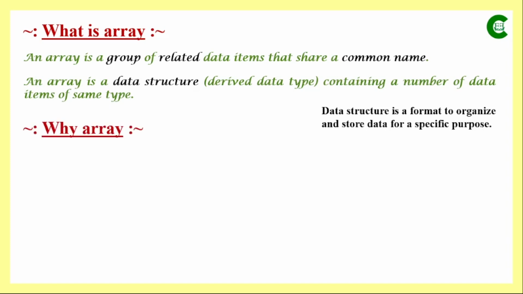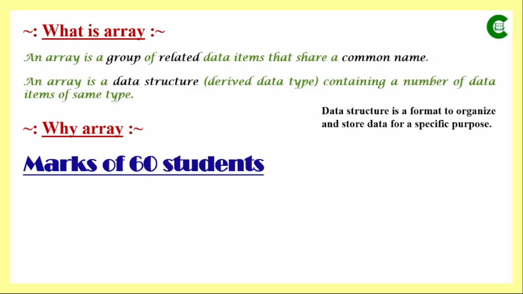And what is that purpose? Why do we need an array? Suppose in a class we have 60 students and we want to store the total marks secured by all those 60 students in an exam or in a semester. One way is to declare a variable marks and store the marks of every student one by one.